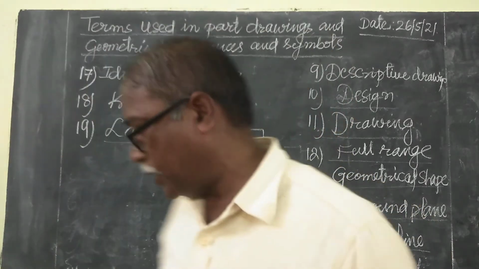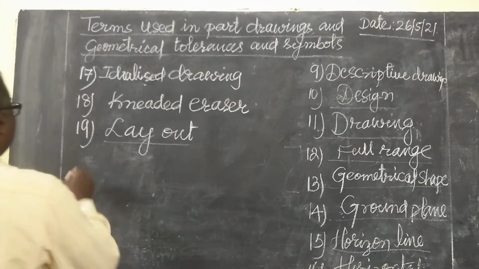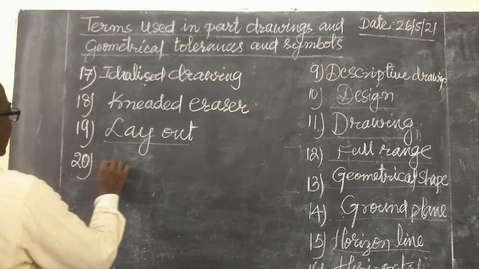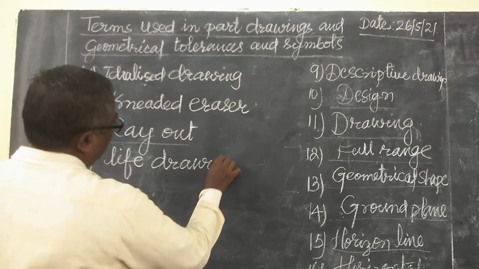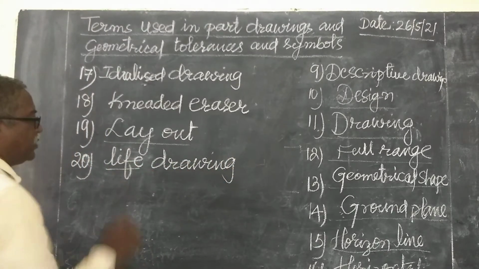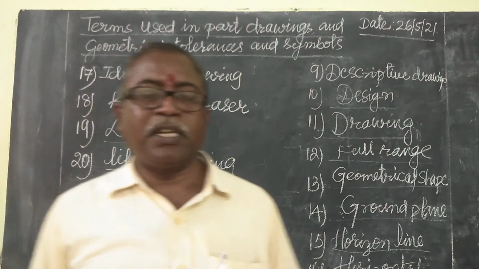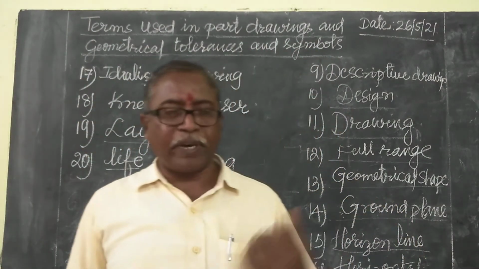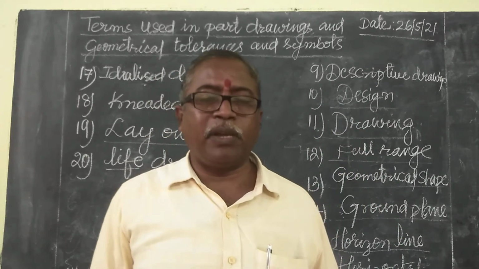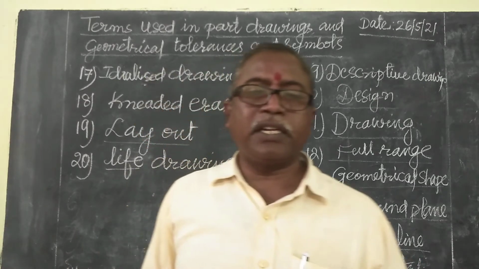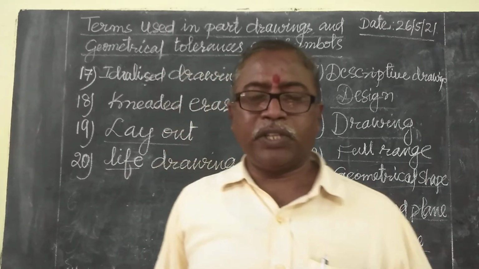Then life drawing. What is a life drawing? Then the 20th one, life drawing. The name is given life. Life means the living things, the cat, the dog, the person, the tree, whatever it may be, which are living things.